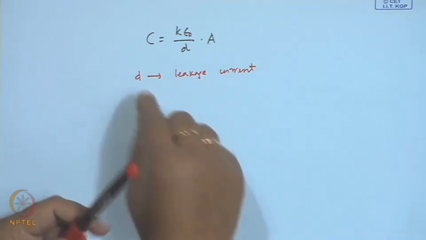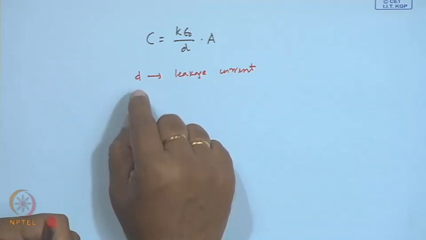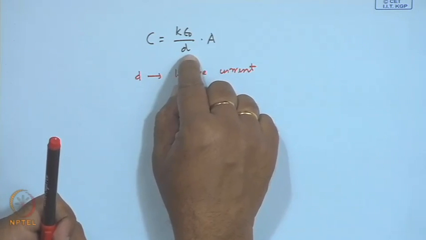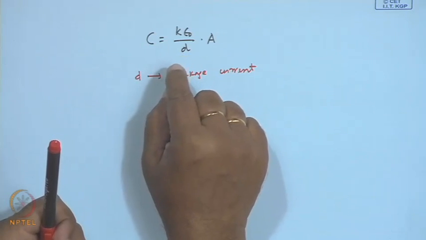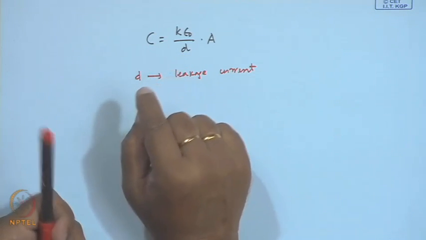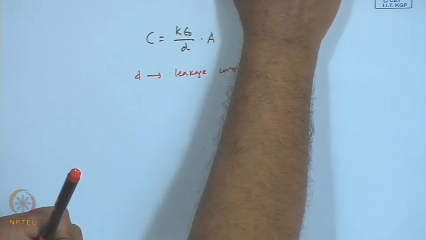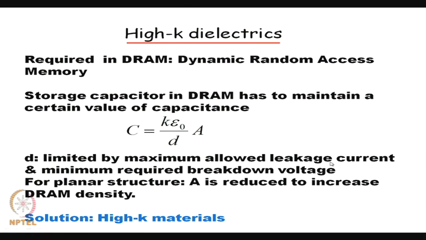You cannot take any value of D. If you take D to be a very small value, then there will be leakage current, there can be a breakdown problem, and so it is limited by the maximum allowed leakage current and minimum required breakdown voltage.